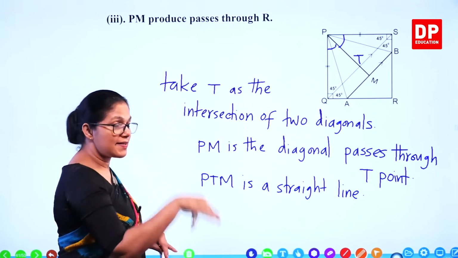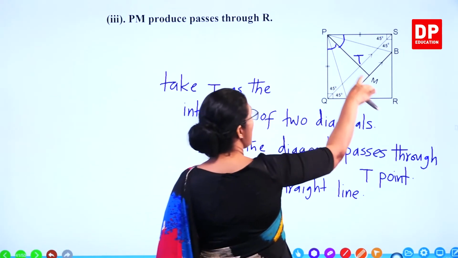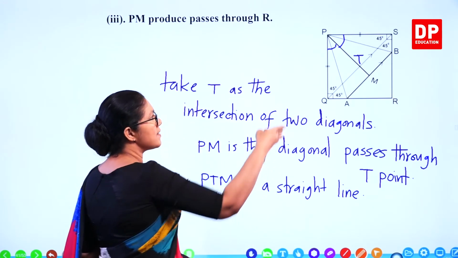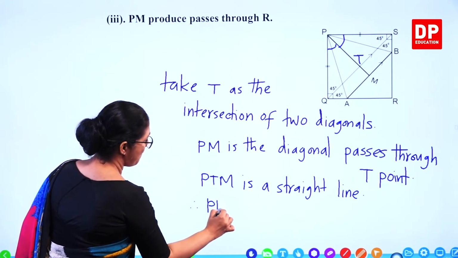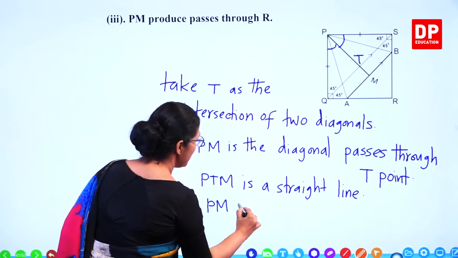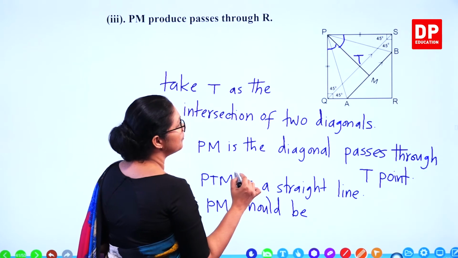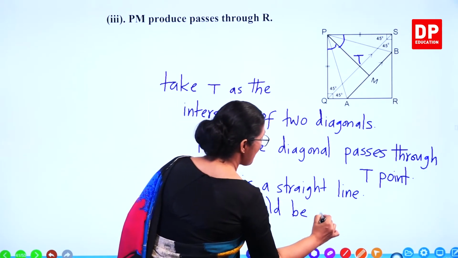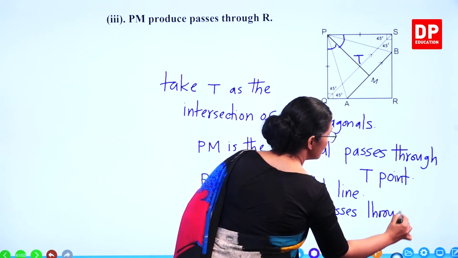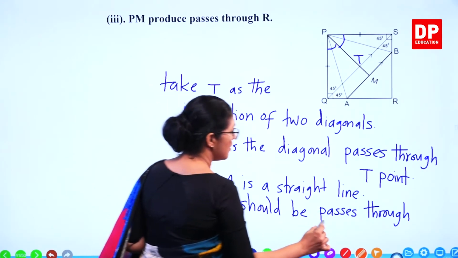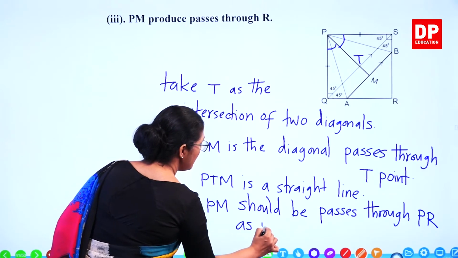And if the bisector is the same as the diagonal, this PM line should pass through R as well. So that's the same diagonal. So therefore, PM passes through PR as well.